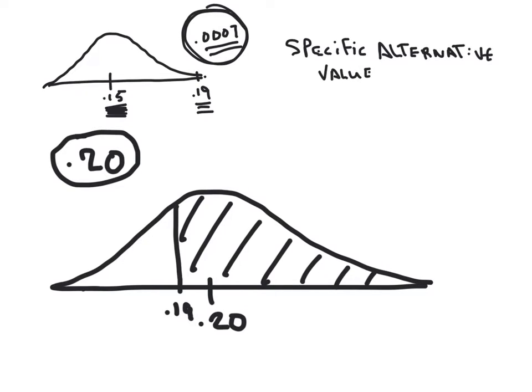Okay, so the way you have to do this is switch gears and think, when we talk about power, we're really talking about making a type 1 or a type 2 error. Basically, if we're in this area, we would reject the null hypothesis, which is what we want to do. The test is sensitive enough to notice that, yes, 20% of those chopsticks are too short.